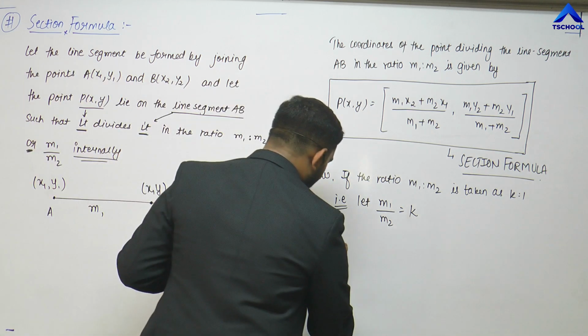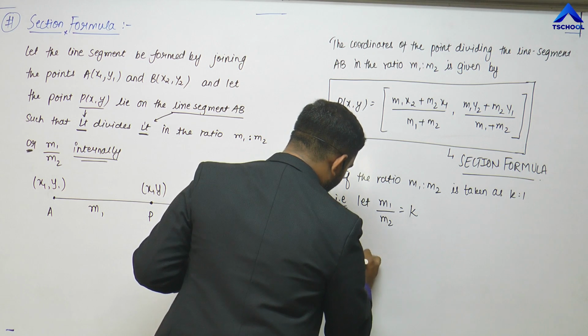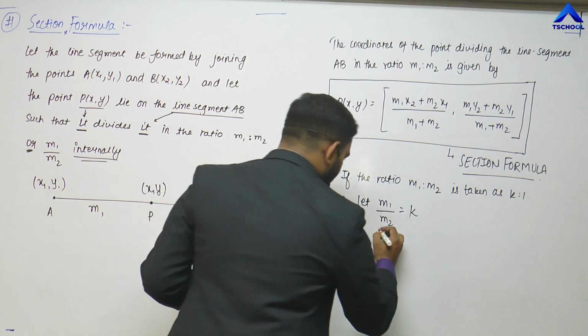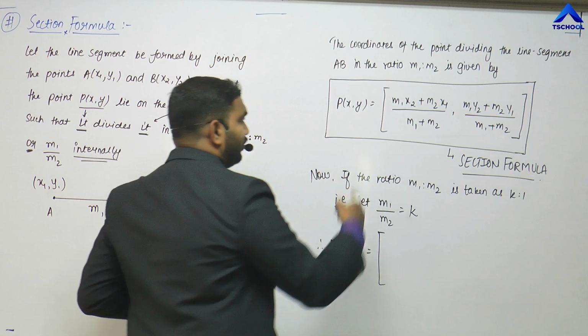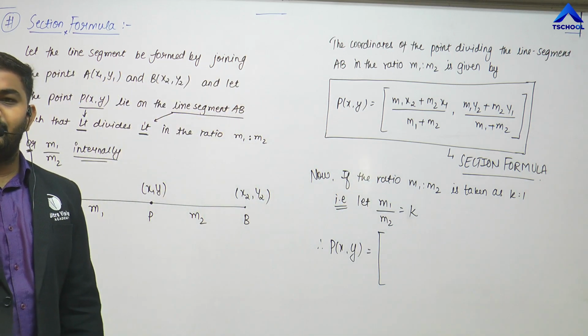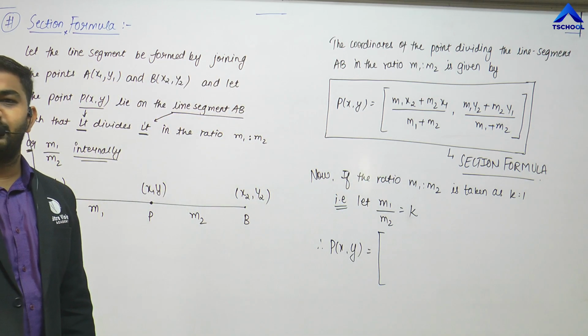Therefore we can write P(x, y) equals, what I am going to do is I am going to take out m2 common from numerator and denominator both.